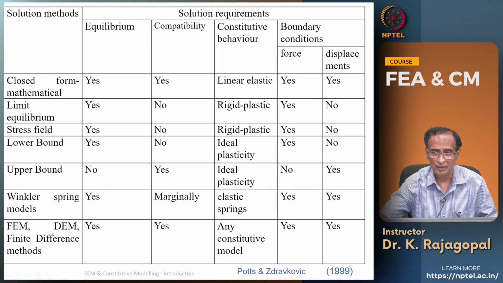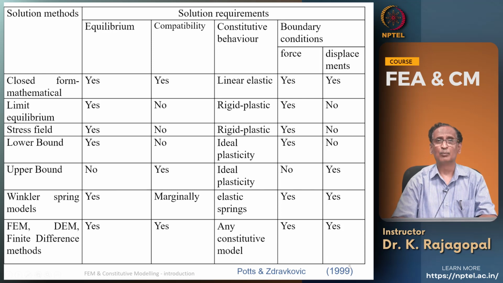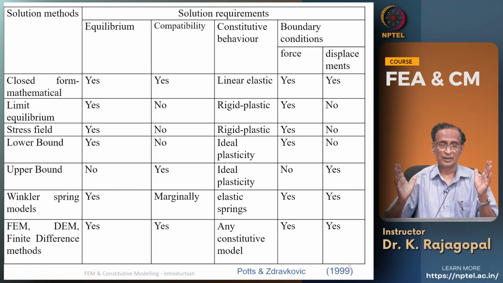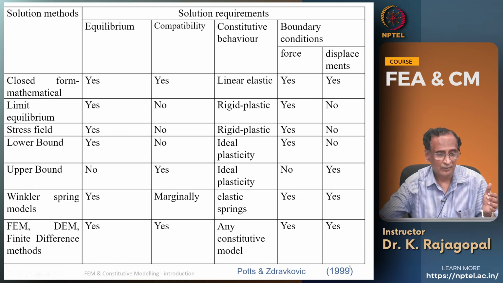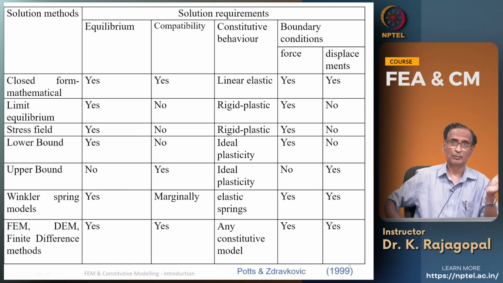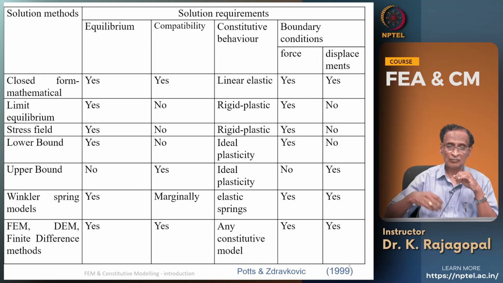But the main problem is that our constitutive equation and the boundary should be simple, and then we will be able to apply them. And then we have the limit equilibrium methods like the simple slip circle methods.